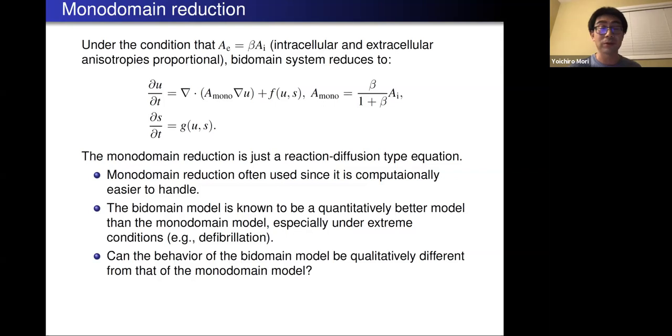That is to say, when you apply a large electrical shock to the heart so that you can stop a ventricular fibrillation episode. So the question that we want to ask is, we know that the bidomain model is quantitatively better than the monodomain model. Is it possible to identify some kind of behavior of the bidomain model that is qualitatively different from the monodomain model? So this is our question.